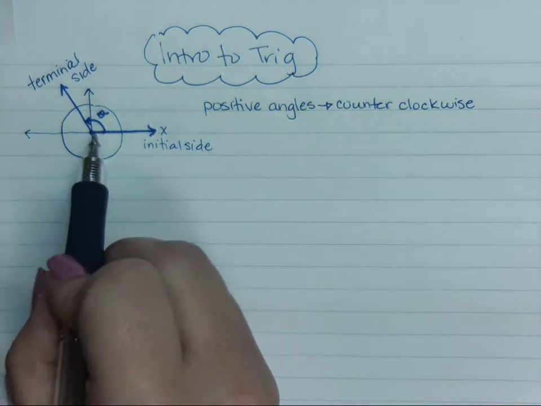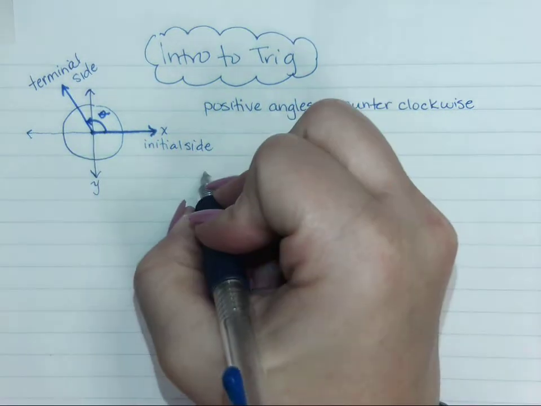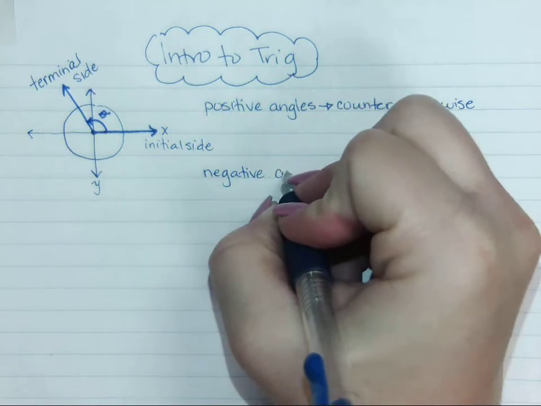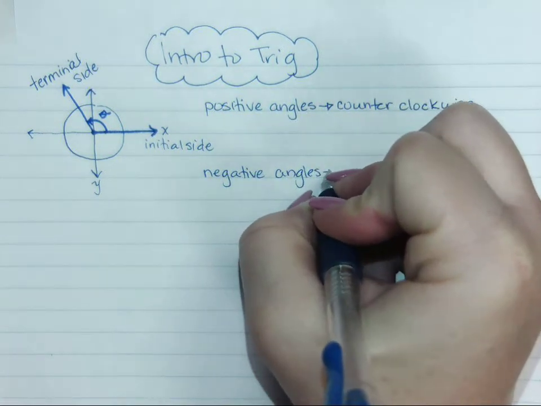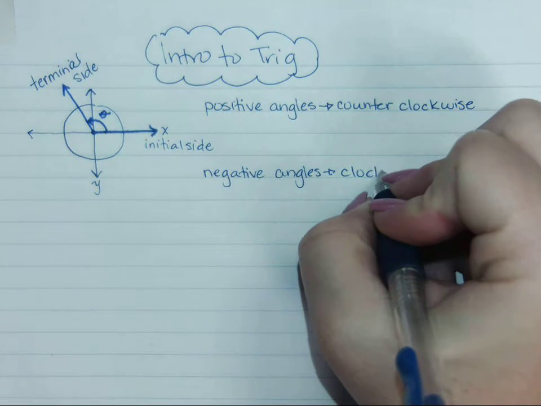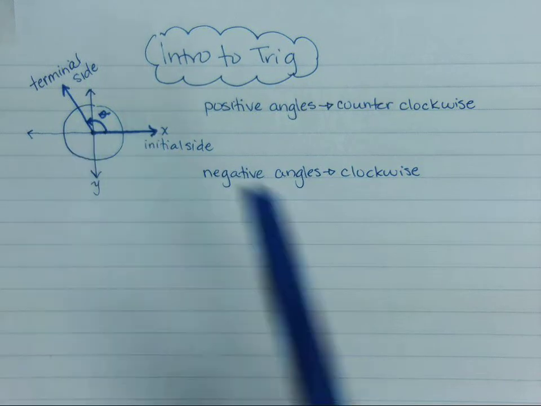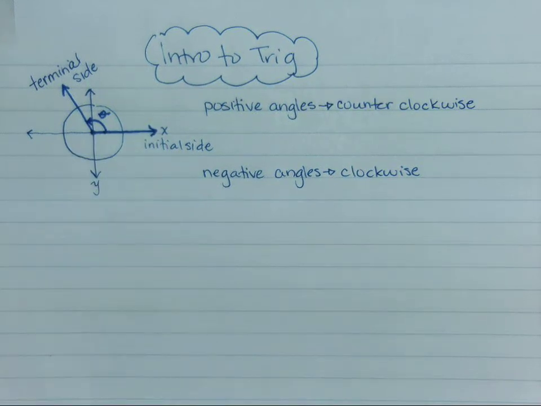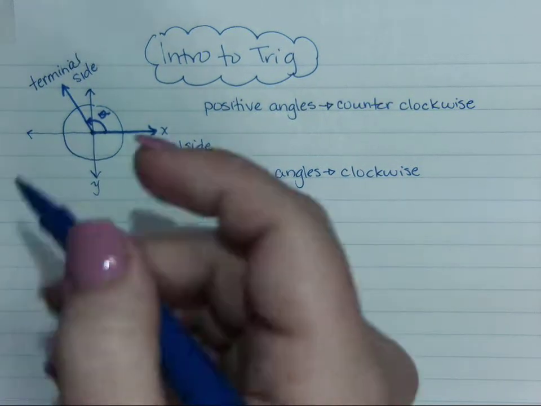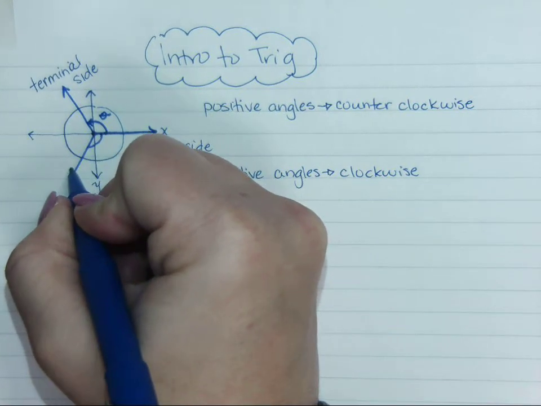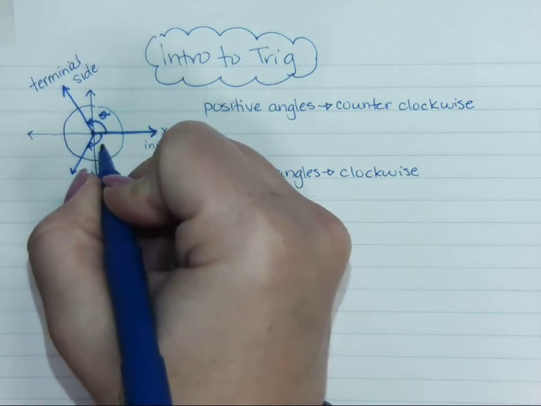Now if I start at this position and I create a negative angle, again, a negative angle just means that I moved in a clockwise position. So if I am starting on this spot right here and I start moving down this way, let's say I create an angle, call that beta.